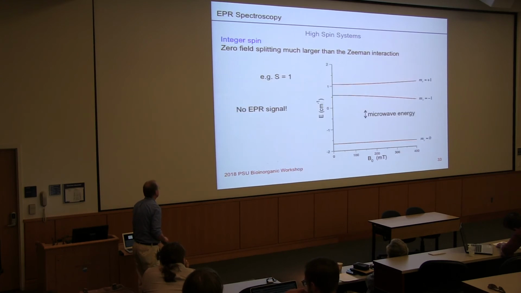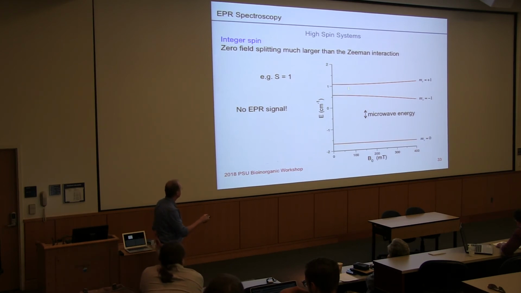Okay, where we really run into difficulties, though, is if I have an integer spin. If the separation between the levels here is much larger than the interaction between the electrons and the magnetic field that I'm applying, then the separation between these m sub s levels will be much, much larger than the energy gap that can match my microwaves, right?